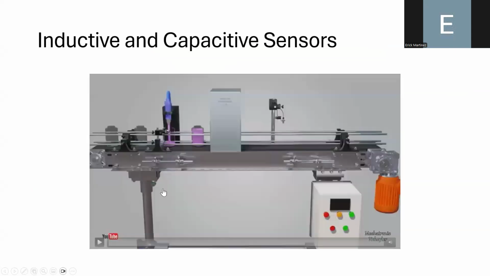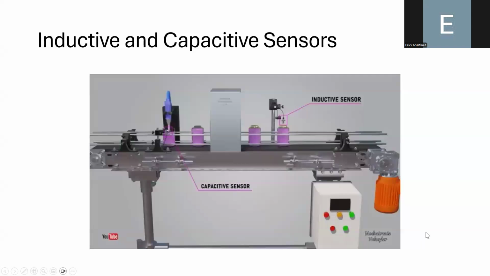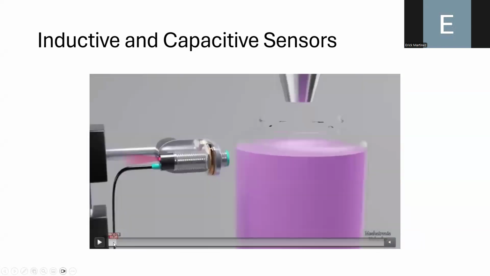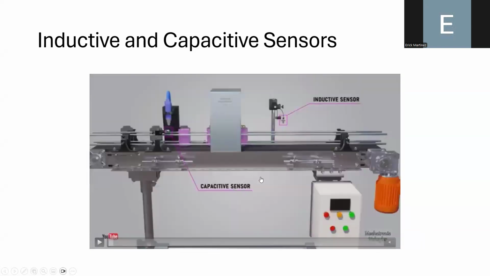Okay, so here is like a small video that more or less illustrates this behavior. So essentially, for example, they have here a setup, no, that is basically a transportation band that is used to move these containers, and these containers are filled with a liquid.